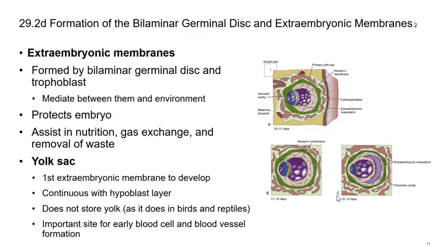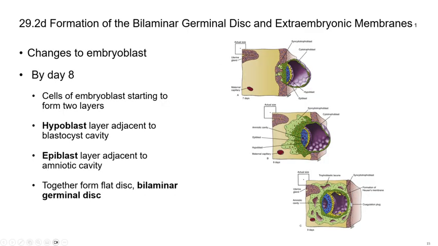Now, what we can also begin to see happening a little bit later, starting around day 10 or 11, is the formation of membranes. One of these membranes is going to be called the yolk sac. The yolk sac is formed from the proliferation of the hypoblast. Remember, in this image we've got a layer of yellow cells.